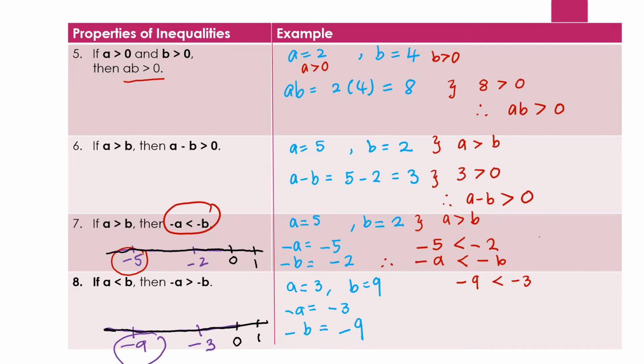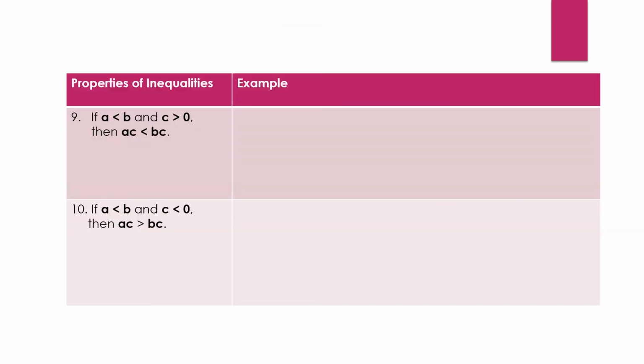Next step, I can change the position. If -9 is smaller than -3, therefore -3 is greater than -9. What is -3 just now? -3 just now is -A. So I can say -A is greater than -9, which is -B. Exactly what is in the property. This time I have A smaller than B.